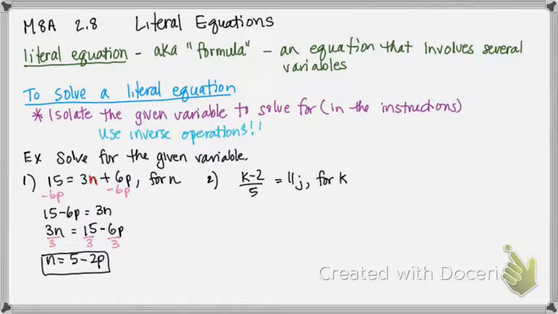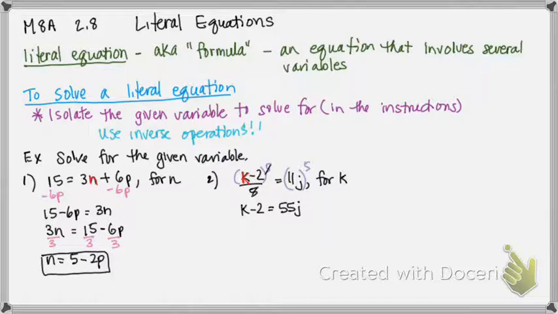One problem is we've got a fraction on one side and a whole number on the other, so we're going to clear the fraction. We multiply both sides by 5 because k is what we need to get alone. 5 divided by 5 is 1, so I get k minus 2 equals 55j.